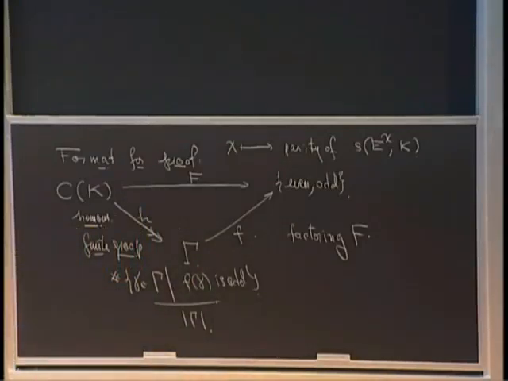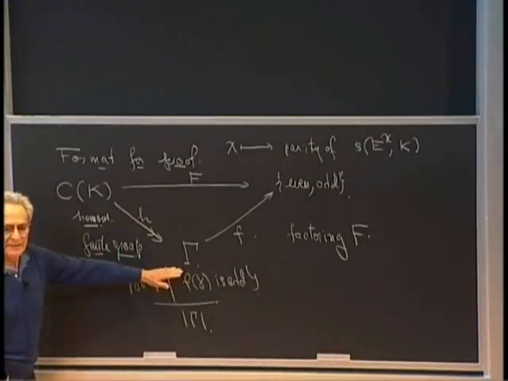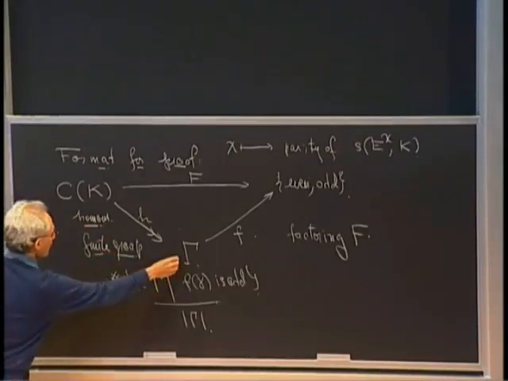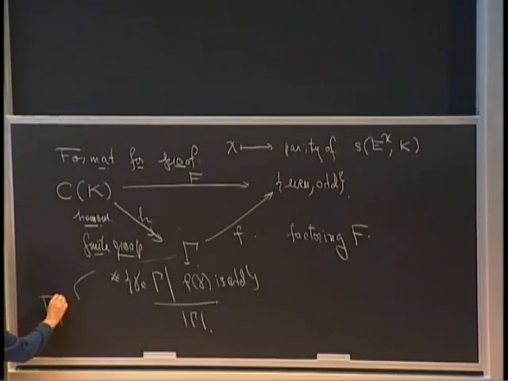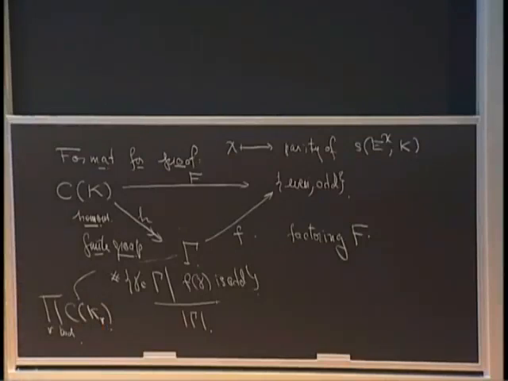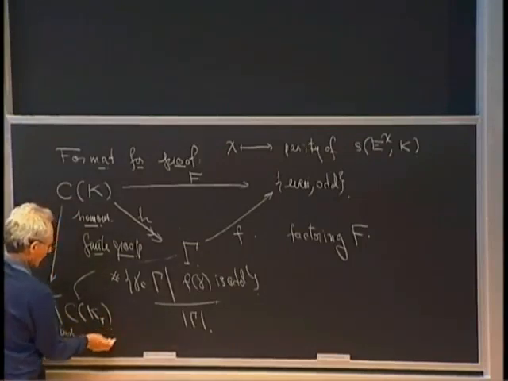It's just you take a character and you restrict to a certain finite number of bad primes. That is to say, Gamma will be the product over a finite number of bad primes, I'll call them V bad, of the character group of CKV, where KV is the completion of K at V. And this homomorphism is just the natural homomorphism, and this mapping will be coordinate-wise.